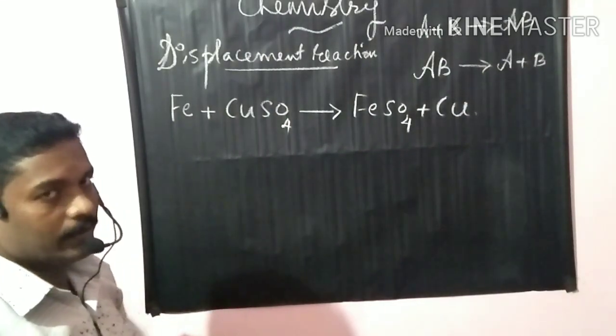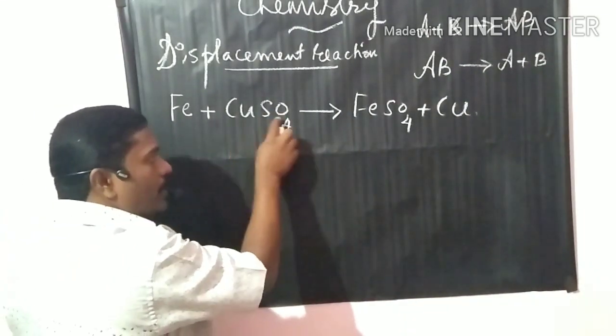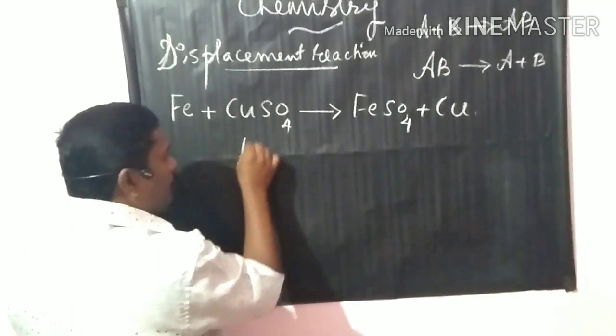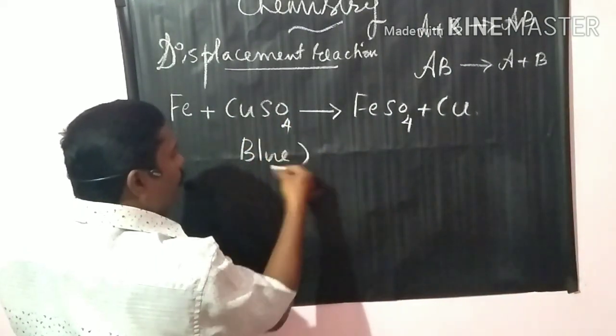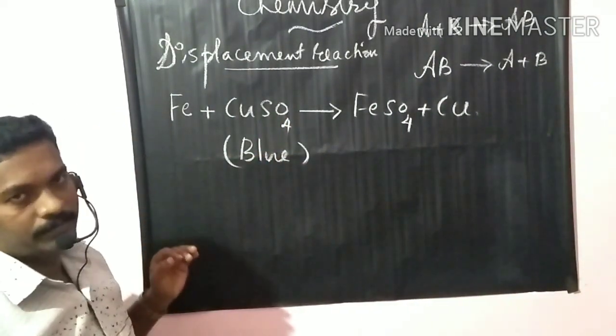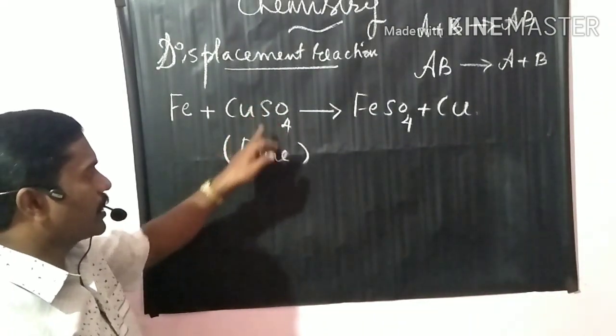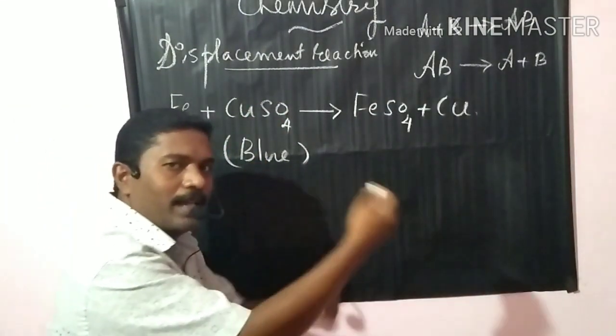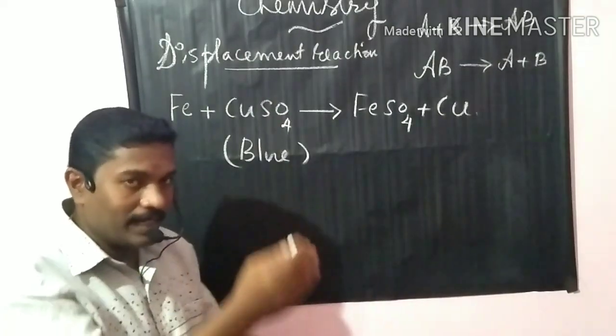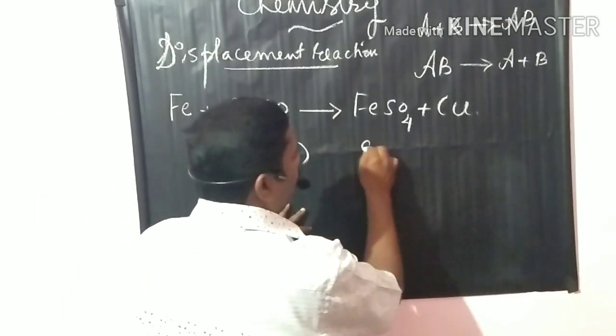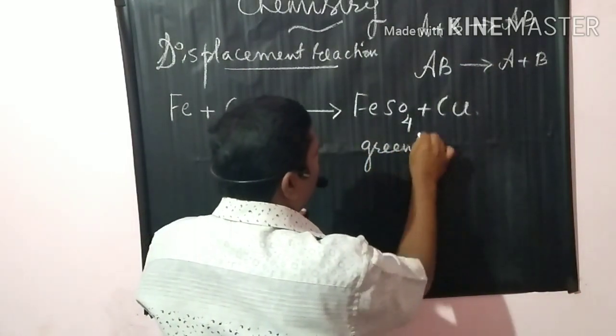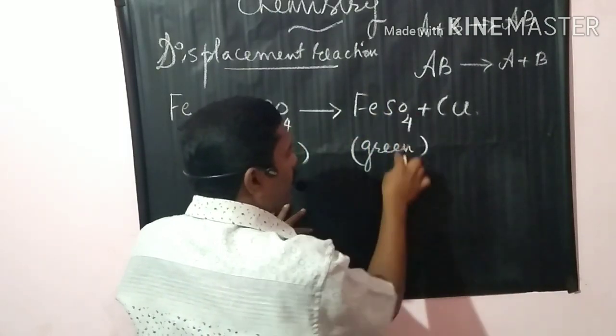Listen here, CuSO4 is blue colored solution, and this blue colored solution fades after some time and gradually it changes to a pale green color. As we know, the color of ferrous sulfate is green.